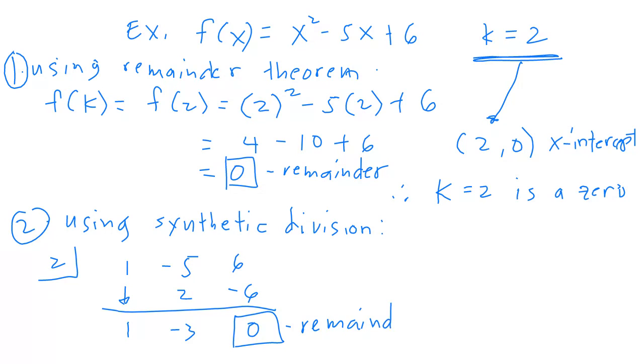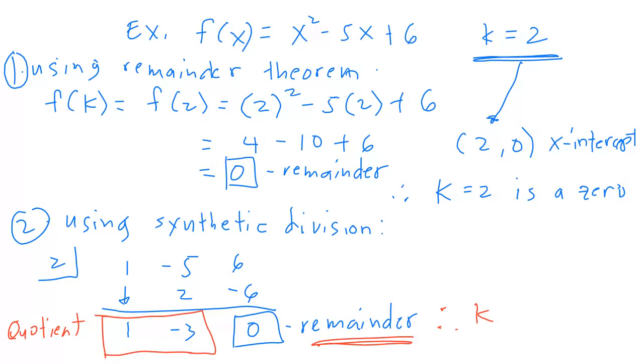So at this point, we're not concerned about the quotient. So the quotient is over here. We're just concerned with the remainder. So if the remainder is 0, then therefore you can say k equal to 2 is a 0.